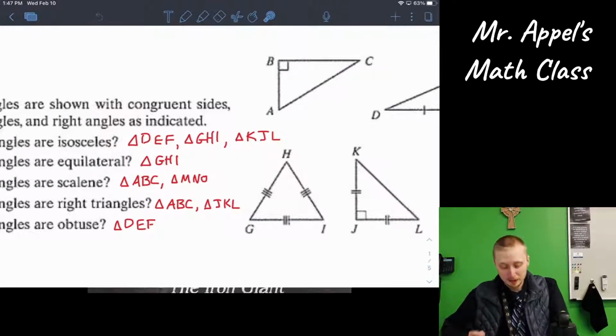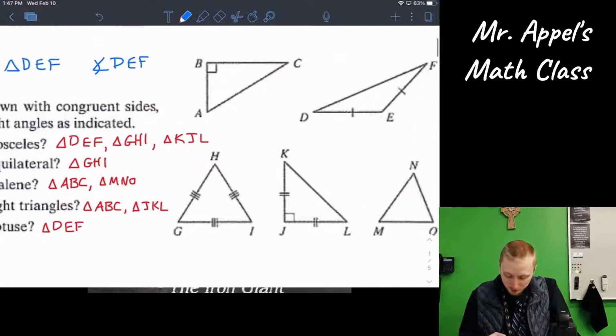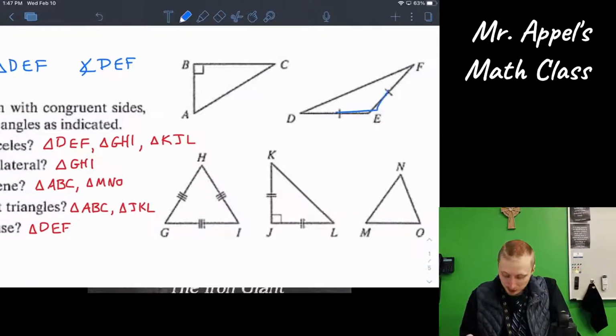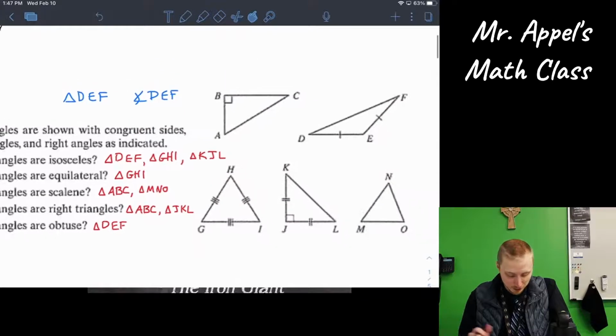The naming convention: you need to have triangle in front of the name, because triangle DEF is not the same thing as angle DEF. One is the whole shape, one is just referring to this bit right here. So make sure you put the triangle in front so we know which 3-letter object you're referring to.